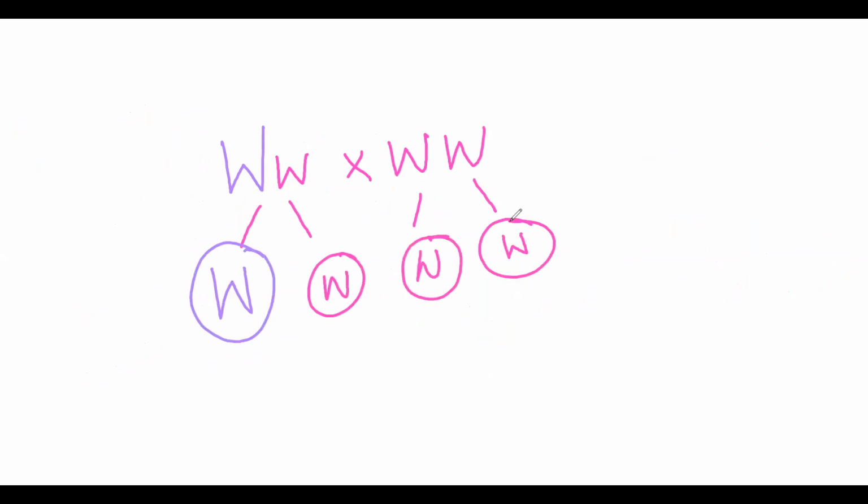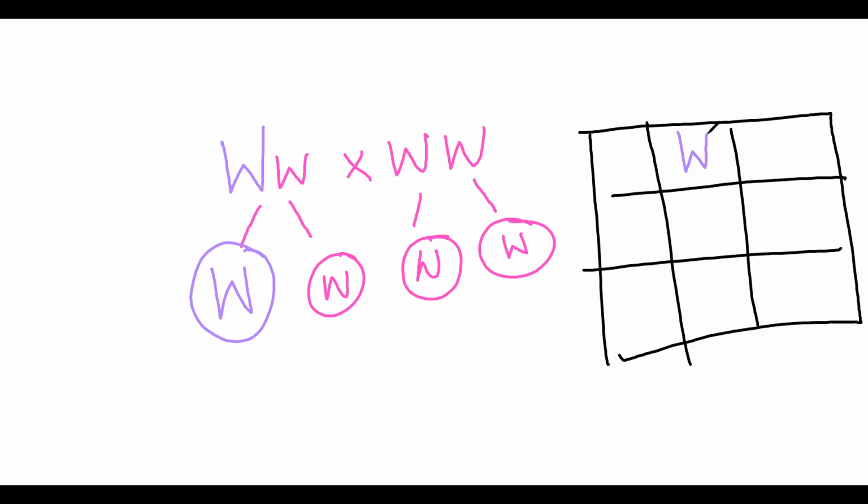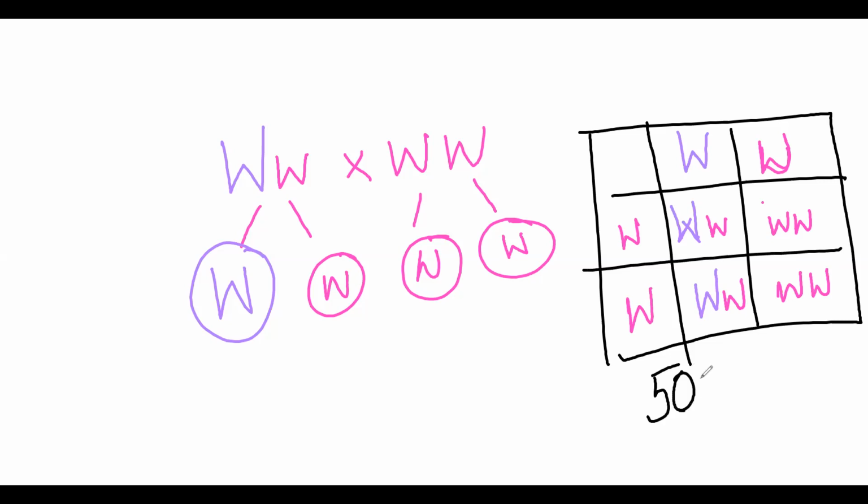When these gametes are crossed with each other, the result will be different. The ratio of recessive and dominant in this case will be 50%.